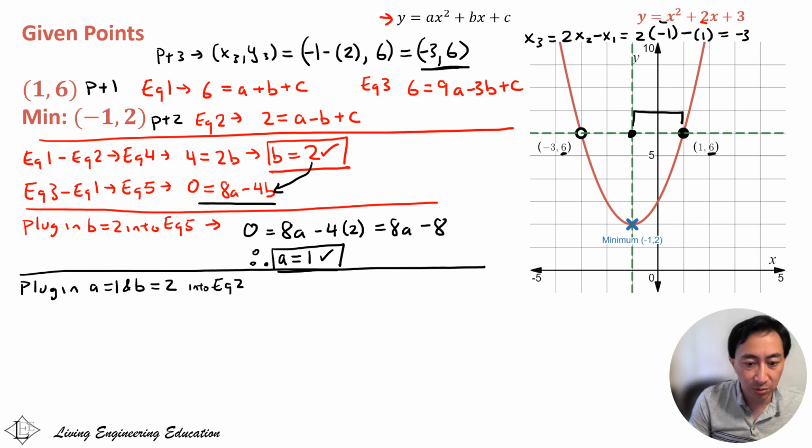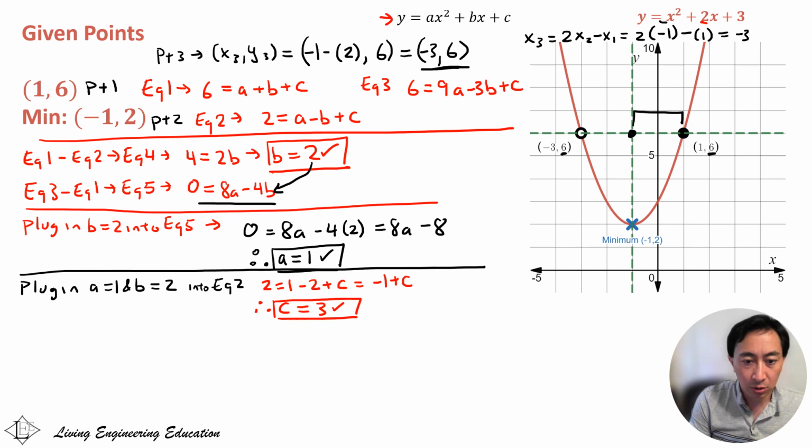So 2 is equal to a, which is 1, minus b, which is 2, plus c. So this is negative 1 plus c is equal to 2. So c is equal to 3. And that also checks out.